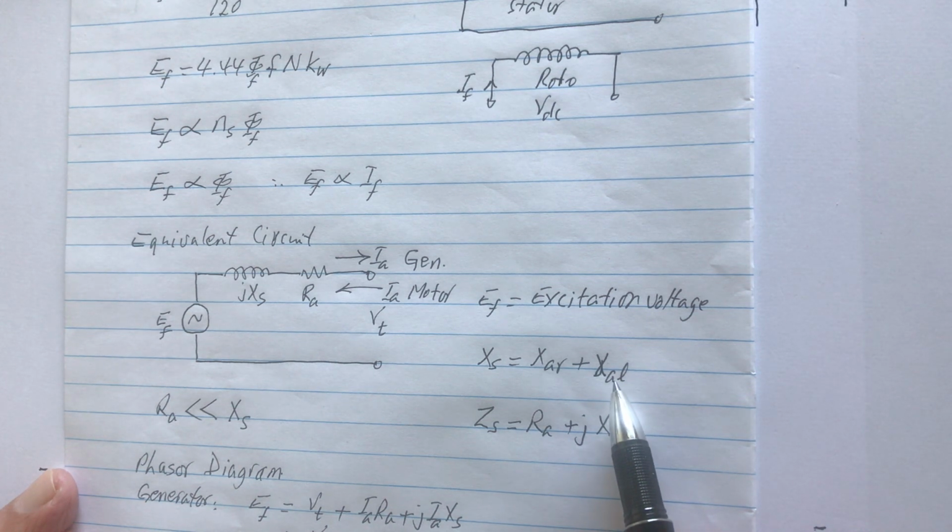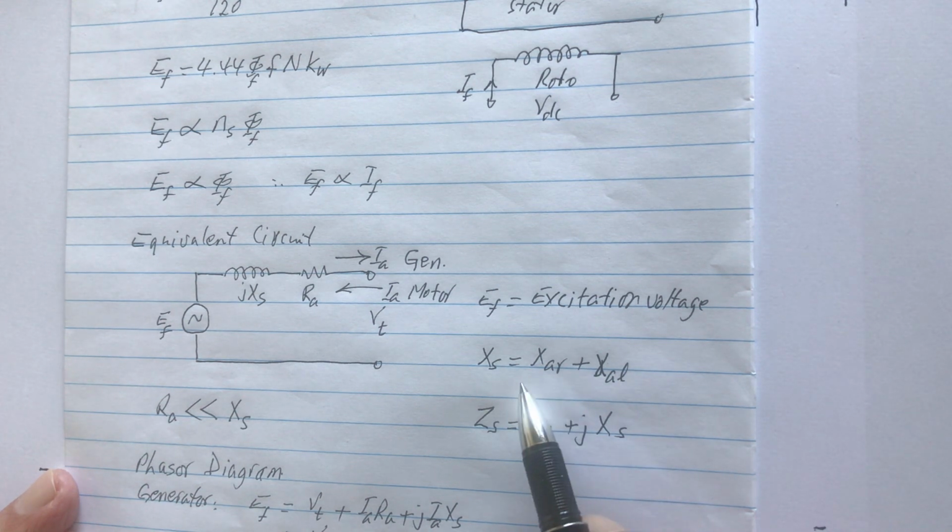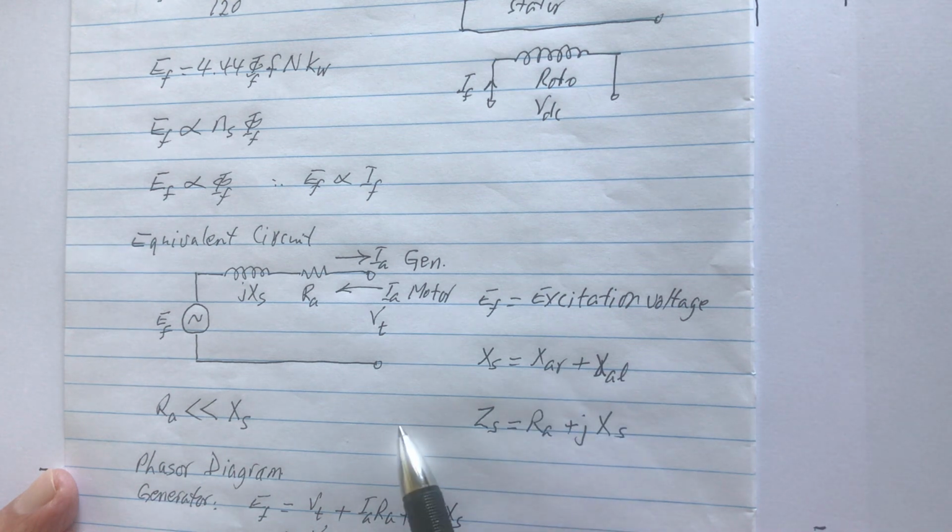This is similar to the leakage reactance X1 in the induction motor or X1 in the transformer. We also have ZS, which is called the synchronous impedance, which is equal to RA plus JXS.